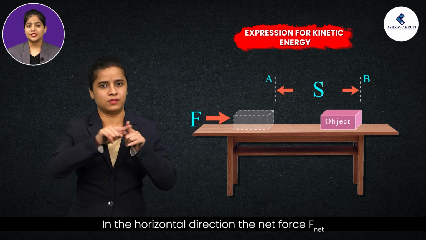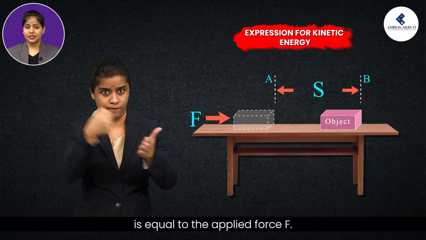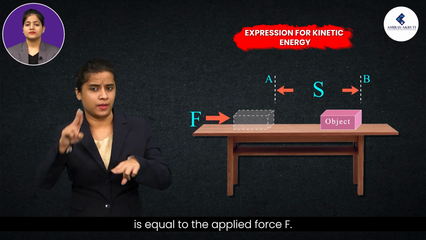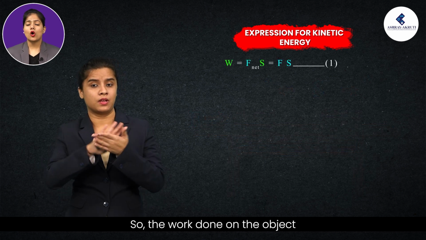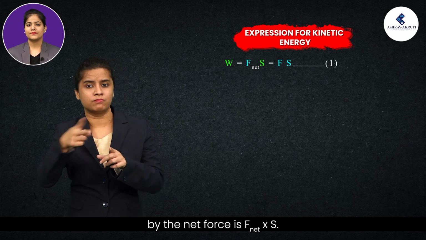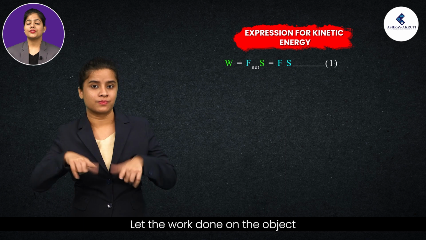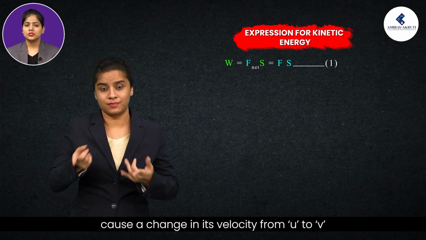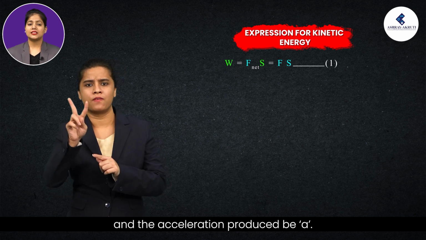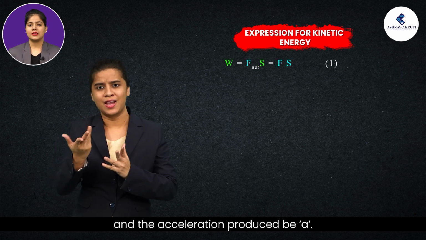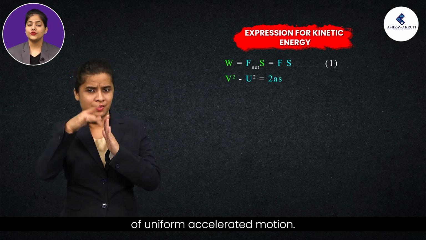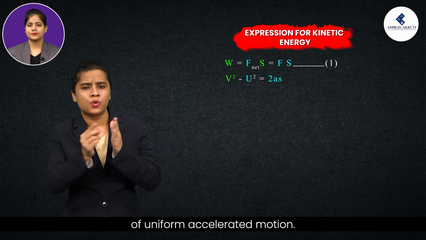In the horizontal direction, the net force F net is equal to the applied force F. So, the work done on the object by the net force is F net into s. Let the work done on the object cause a change in its velocity from u to v, and the acceleration produced be a. We have studied the equations of uniformly accelerated motion.